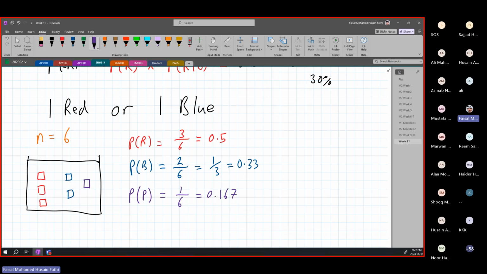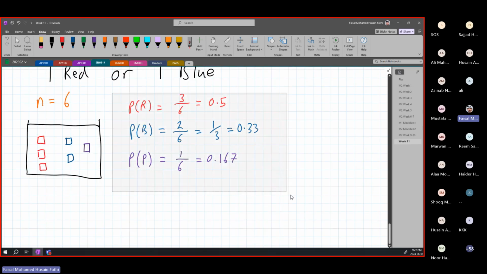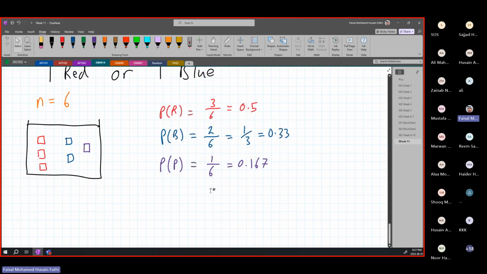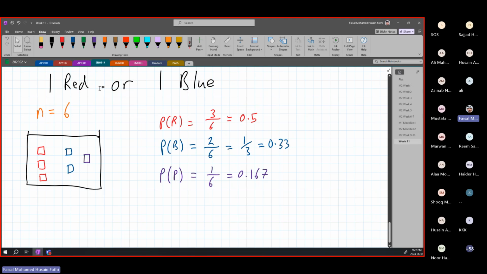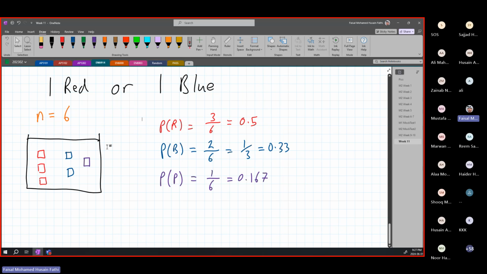0.167. Okay? So now we have different probabilities, and the question says, what is the chance or the probability of getting one red or one blue? Meaning we can either get red or blue, and that will be sufficient. In this case, we are only simply going to add our probabilities together.